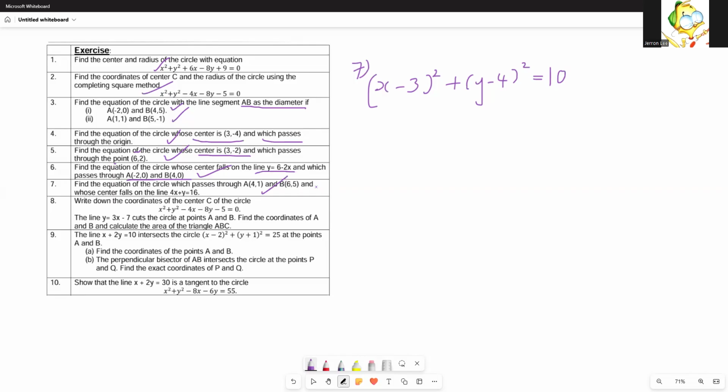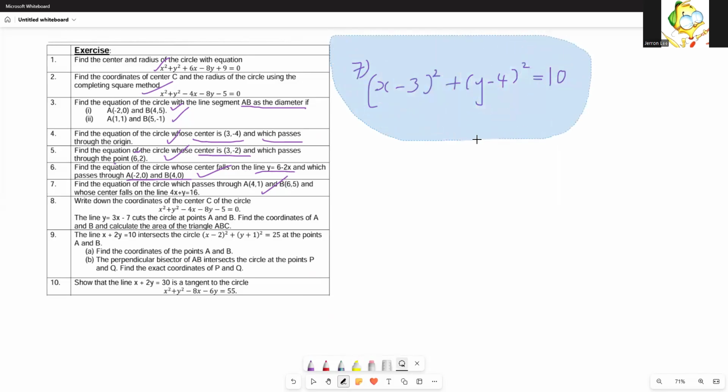Everybody feeling good, right? If you are feeling good, we will continue. Let's continue with question number 8. Have a look at question number 8 with me. They say write down the coordinates of the center C of the circle.